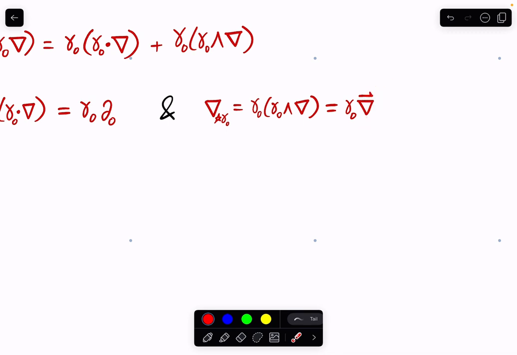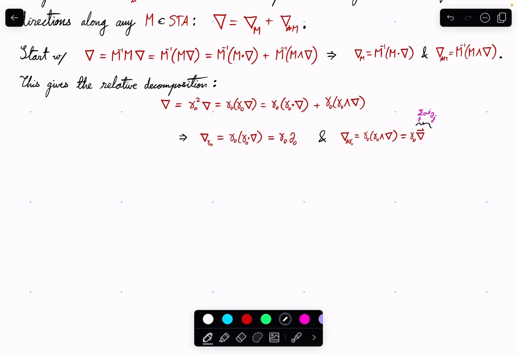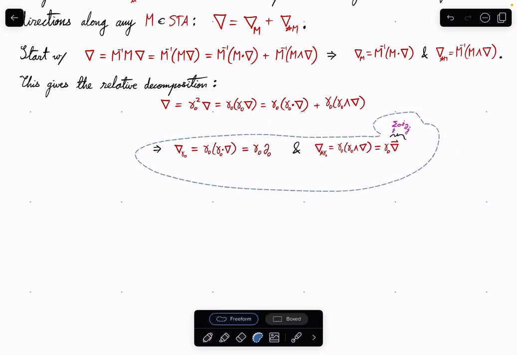This right here is the 3 gradient, where you sum over j of sigma superscript j times partial j. So that's what you end up with there.